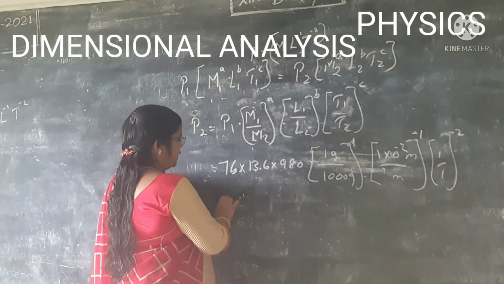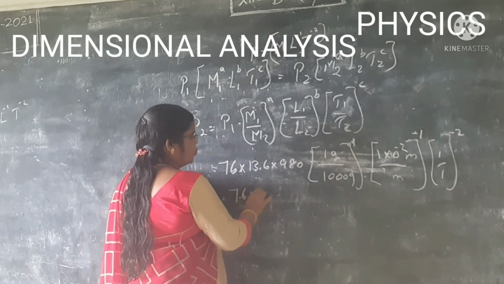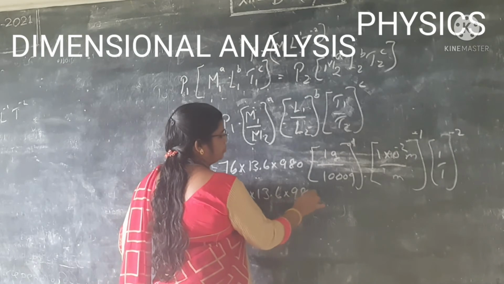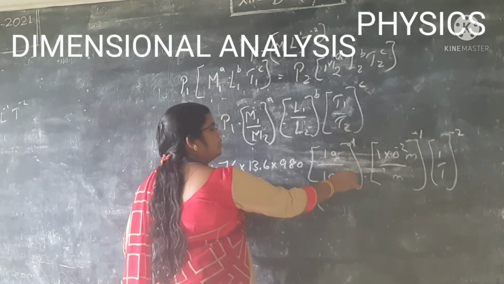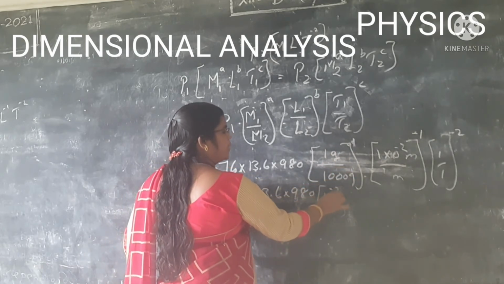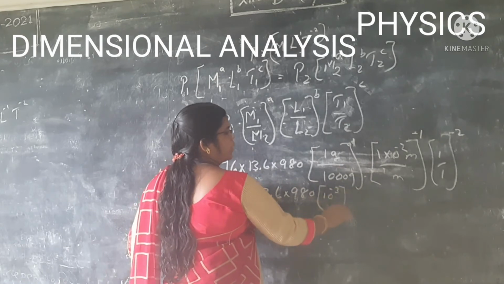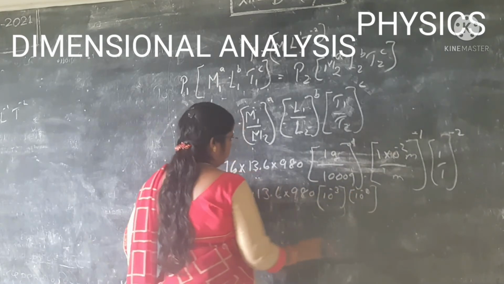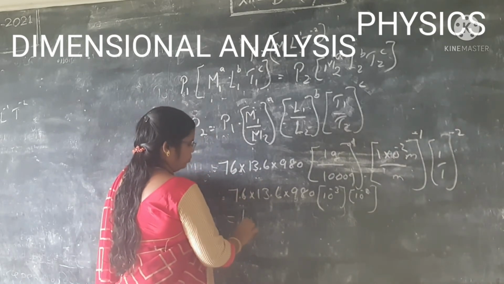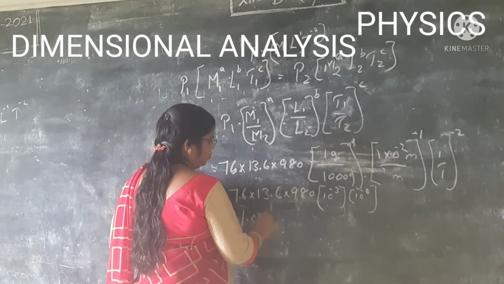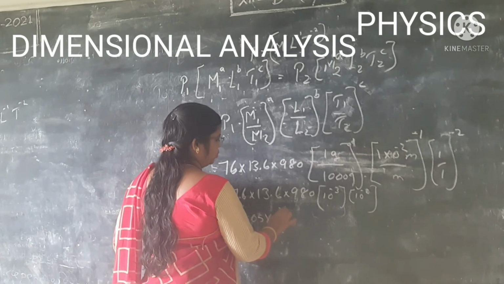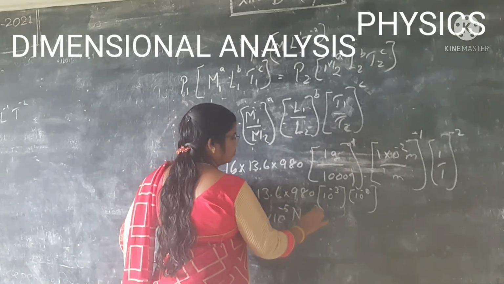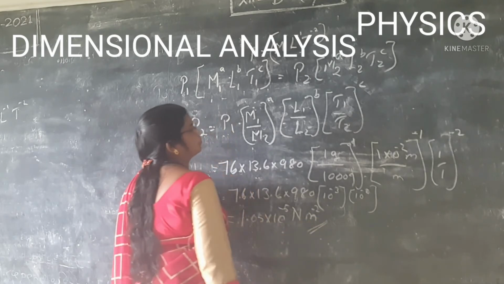Now we can have 76 into 13.6 into, this will be 10 power minus 3, and this will be 10 power minus 2, which is equal to 1.01 into 10 power 5 Newton per meter square.